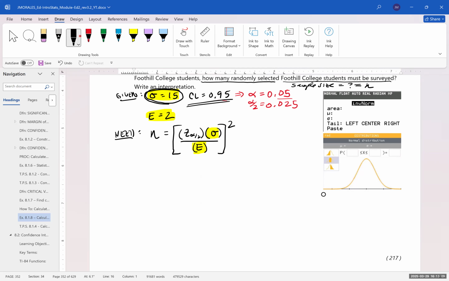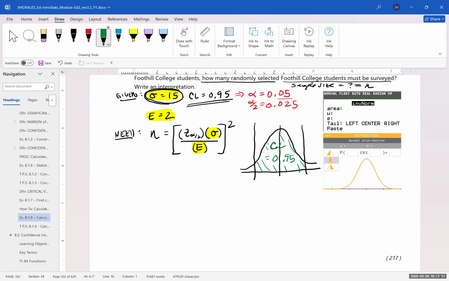Okay, so I think I'll have just enough room off to the side here to do a little normal distribution. It's going to be two-tailed because we're doing confidence intervals. The confidence level is equal to 0.95.